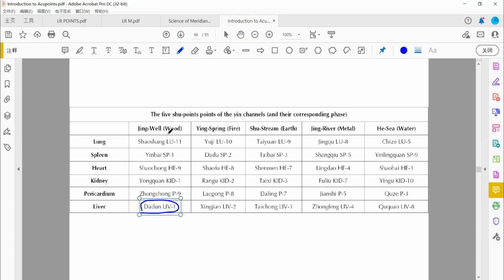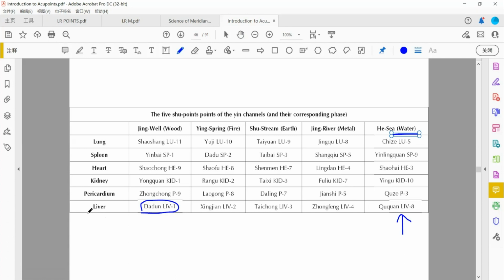Let's find the mother. Which one generates wood? That's water, and water generates wood. So this one is the mother point. That means if there's liver deficiency, liver yin deficiency, or liver blood deficiency, we can massage or acupuncture on this point, liver 8, the mother point.